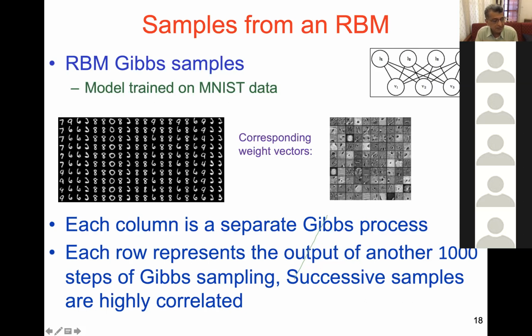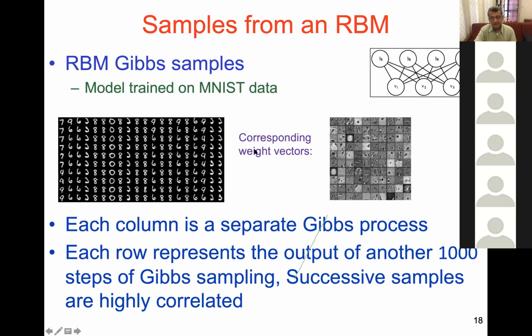If you remember, in Gibbs sampling it's just changing one variable at a time, so it's probably going to give you something quite similar to the previous one. And then at some point, it is going to make a jump. We are generating these samples again and again, with different separate Gibbs processes. Again, we start at some point, get this one, start at some point, get this one, and so on.